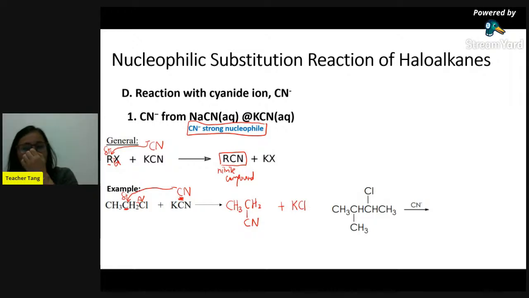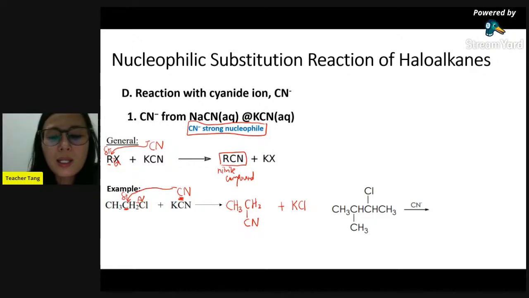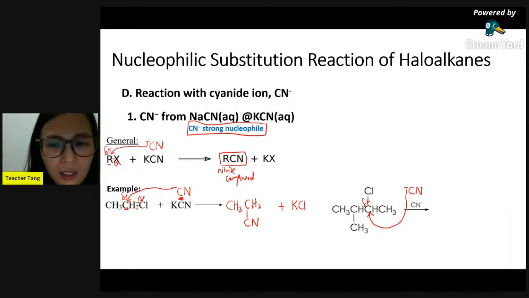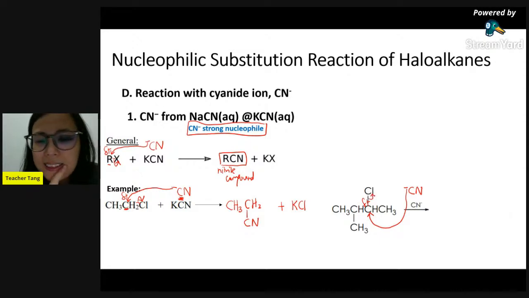Okay, so now we move on to look at the next one. So your cyanide ion, okay, so this carbon is partially positive charge. For cyanide ion, remember the negative charge is on the carbon. And this cyanide ion, strong nucleophile, attacks the carbon that is partially positive charge, kicking out the Cl.